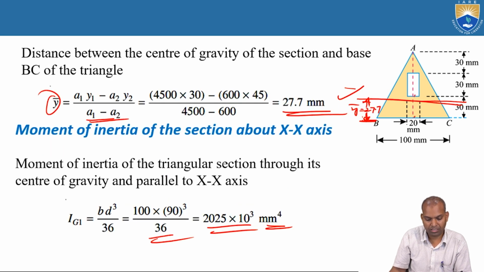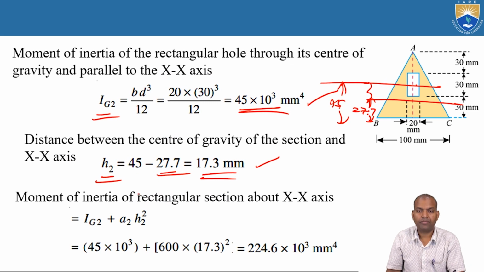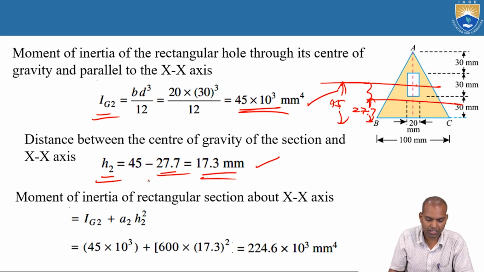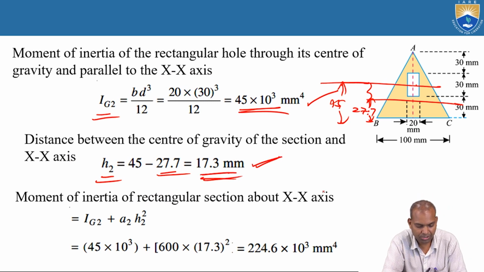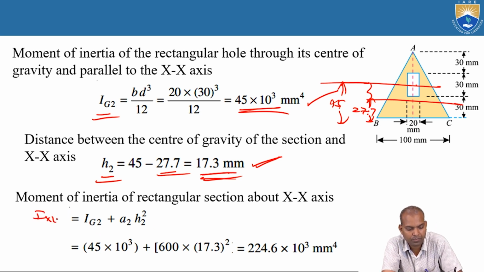Am I right? Here, what about bar y? That is 27.7. 45 minus 27.7, that is 17.3 millimeters. Now the moment of inertia of the rectangular section about the x-axis is Ig2 plus A2 times h2 squared. By using the parallel axis theorem, that is 45 times 10 cubed plus A2, 600, and h2, 17.3 squared.